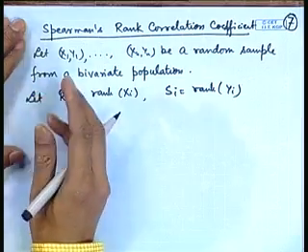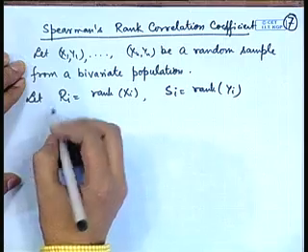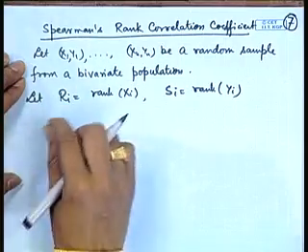Now the data may be discrete or continuous. If the data is continuous, then the probability of equality of two observations will be 0. So, in that case the rankings will be unique, that means all the ranks from 1 to n will be allotted.